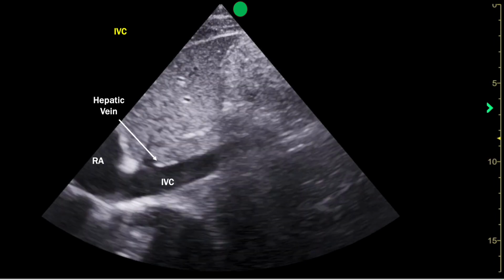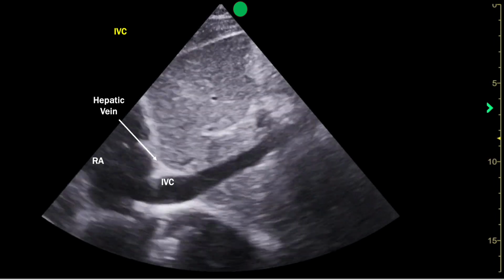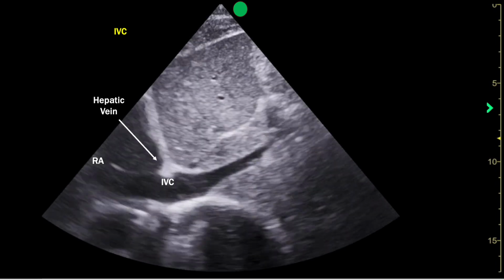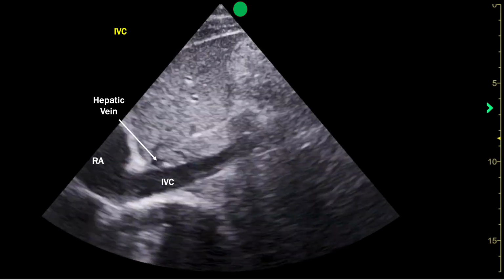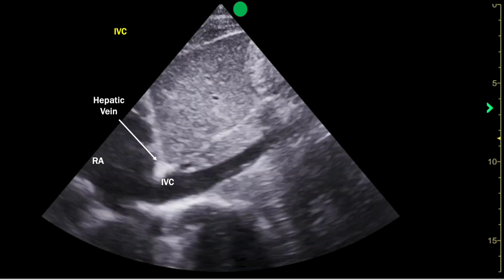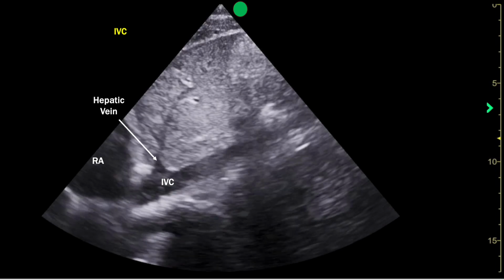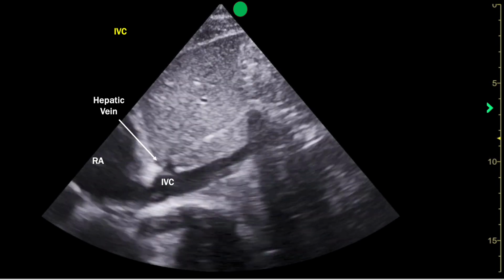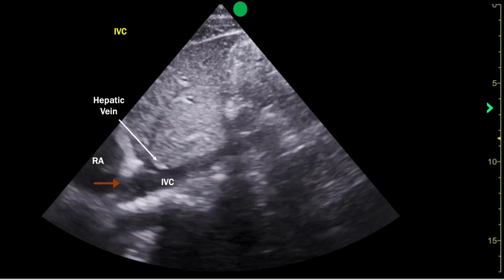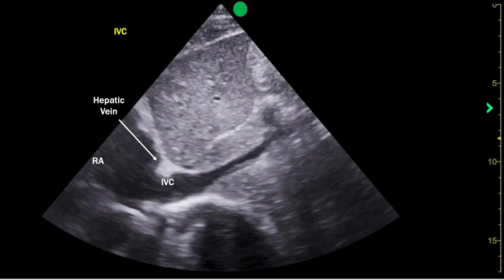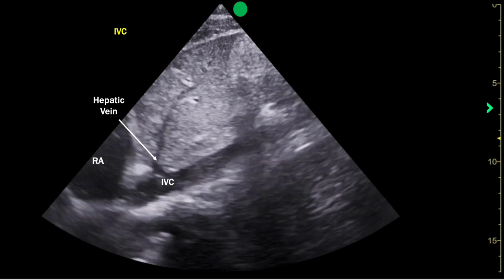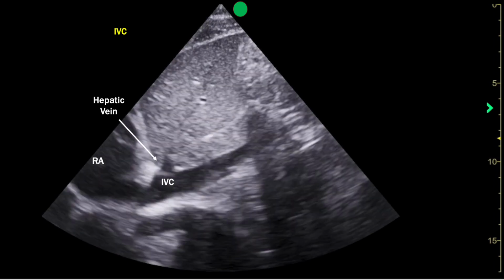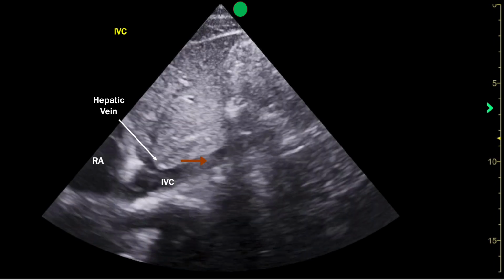Know that the exact point at which the IVC diameter should be measured is crucial, but unfortunately is not universally standardized. In spontaneously breathing patients, variations in the IVC diameter are smaller, usually near the right atrium IVC junction right here, and they tend to be the largest about 2 centimeters distal or caudal from the hepatic vein inlet, so about somewhere around here.